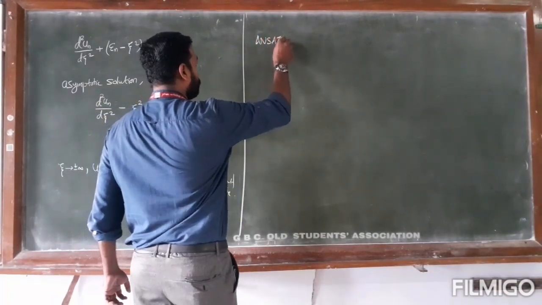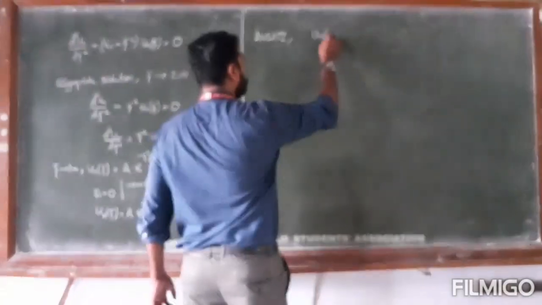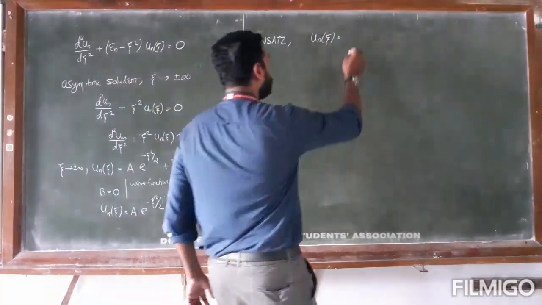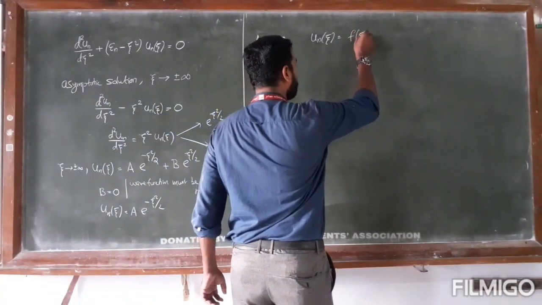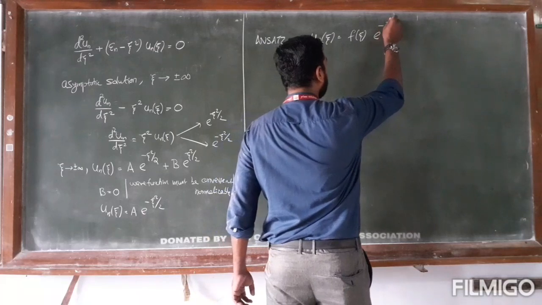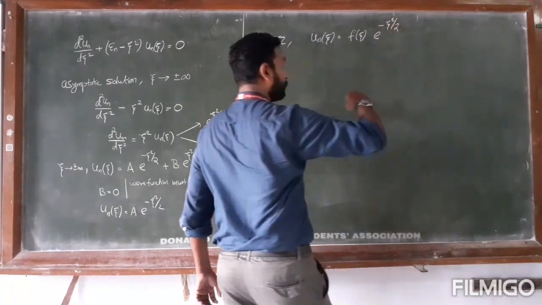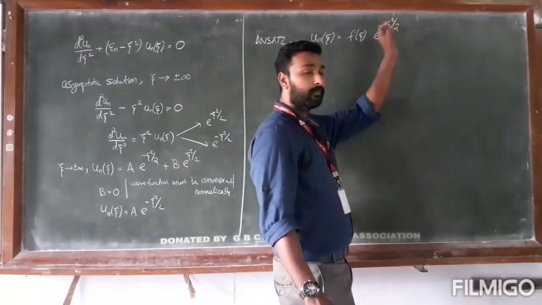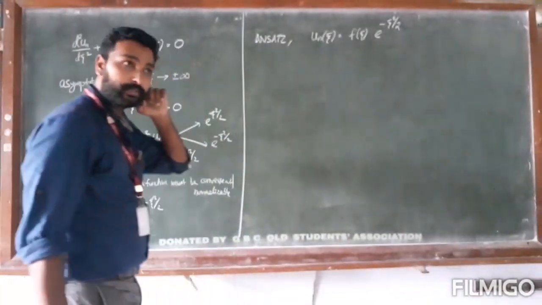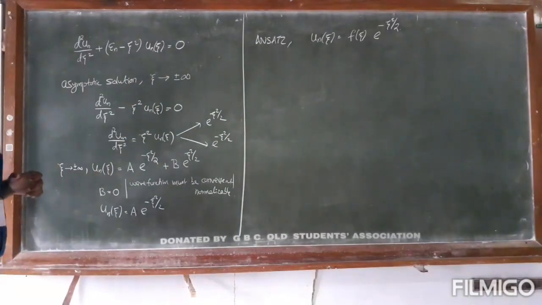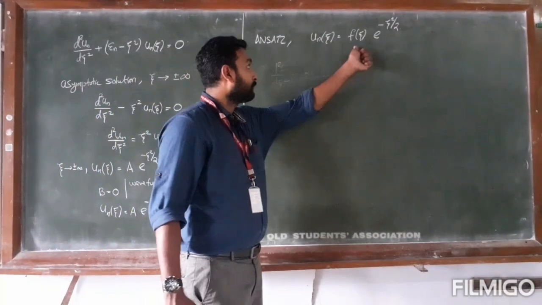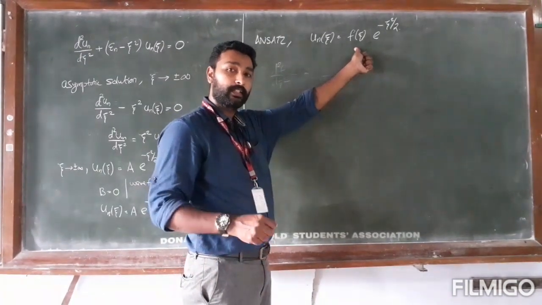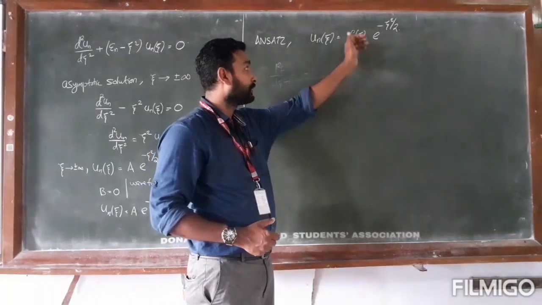A general form of u_n of theta for any theta value, I can write as some function f of theta times e raised to minus theta squared by 2. For large theta, u_n of theta will take this form. Otherwise, you have the term f of theta as well. Okay, so next, what is this f of theta? The differential equation for f of theta can be found by yourself, and there is another assignment for you.